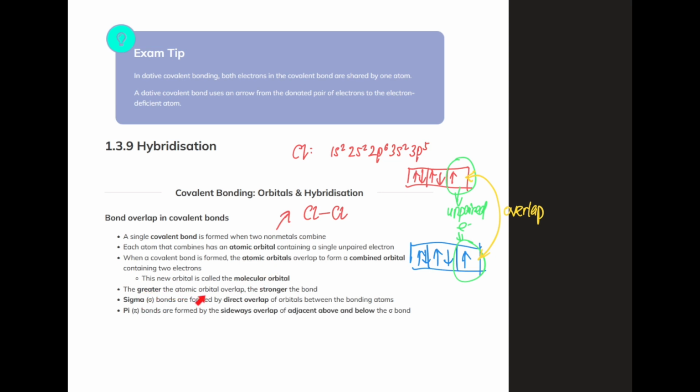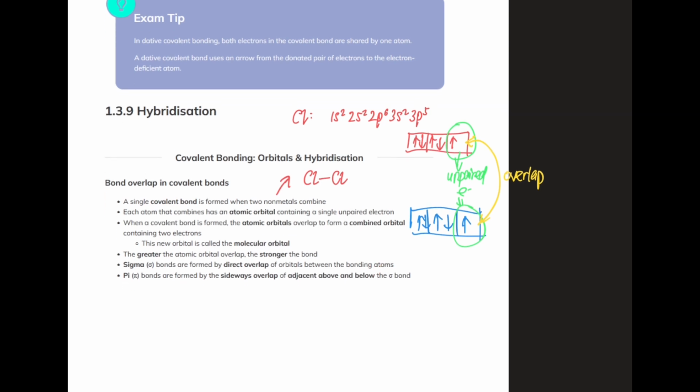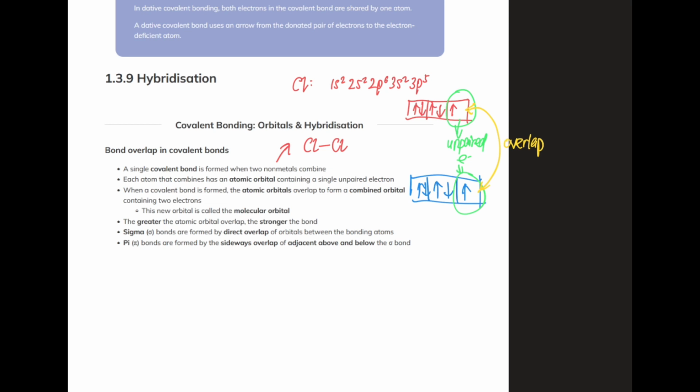So the greater the atomic orbital overlap, the stronger the bond. So we have two situations. The first situation is the sigma bond, the second situation is the pi bond. A sigma bond has more overlapping, a pi bond has less overlapping. Sigma bonds are formed by direct overlap of orbitals between the bonding atoms. So what is meant by direct overlap?